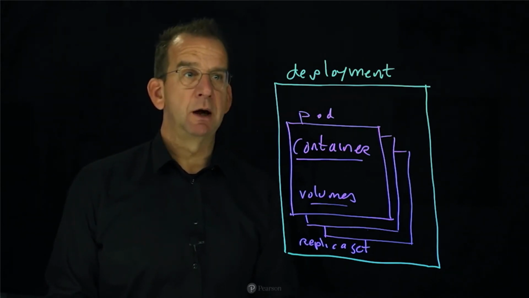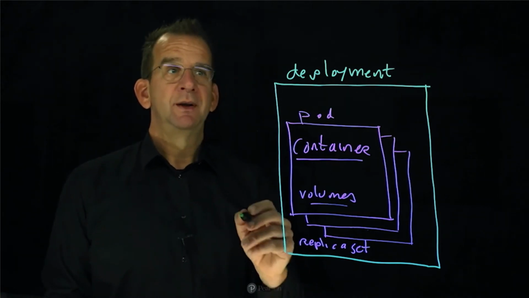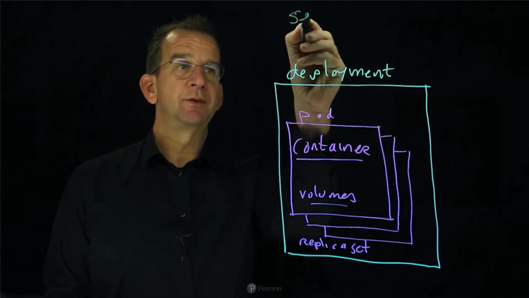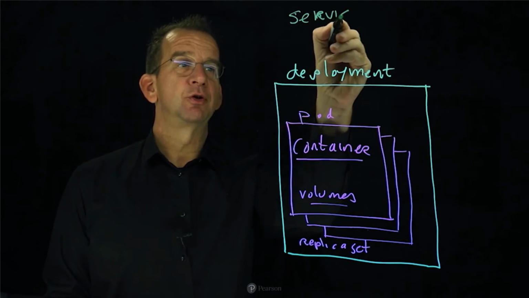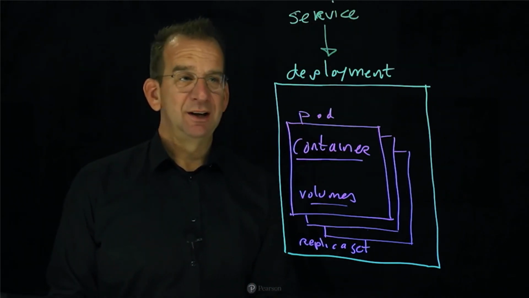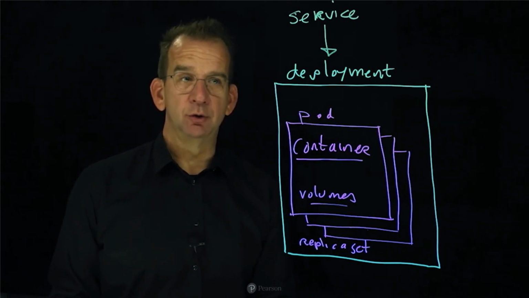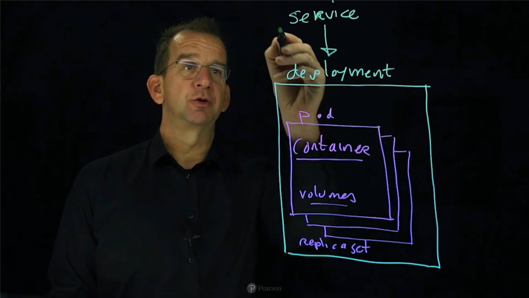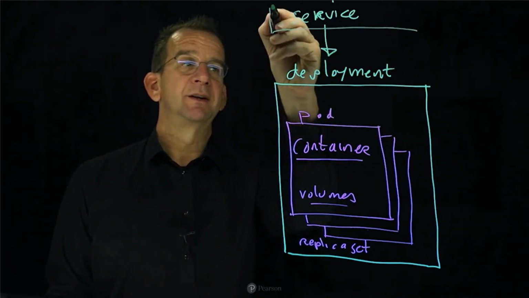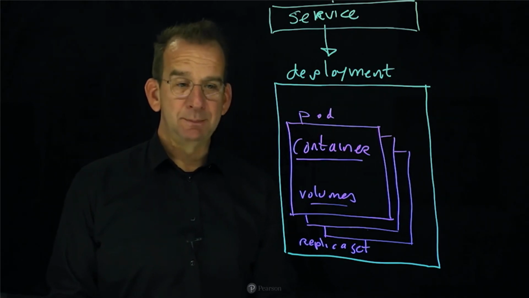Now, apart from that, there are many other components that will play a role. One very important one that I want to mention here is the service. You are going to expose your application so that users can use the application, and in order to do so you will use the service. So users are contacting the service, and the service has an externally represented IP address.